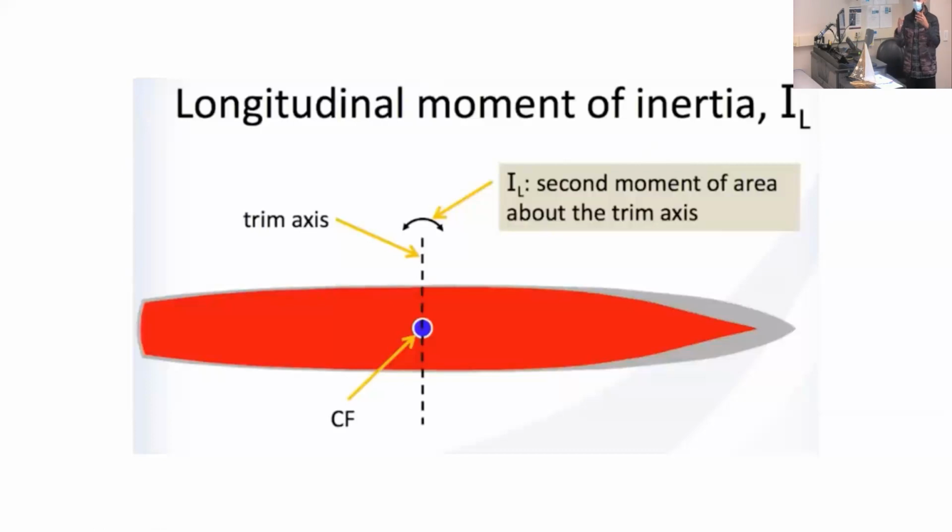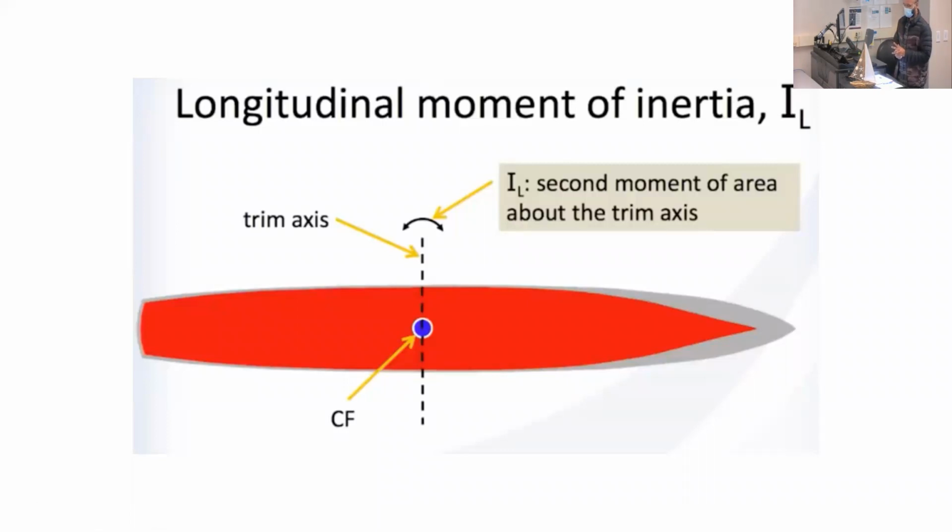Mass moment of inertia is what I was talking about. If you want to compute the torque needed to rotate at a given angular velocity, you need the mass moment of inertia. For area moment of inertia, instead of mr squared, we use ar squared. Intuitively, you should think of inertia as being related to rotation.